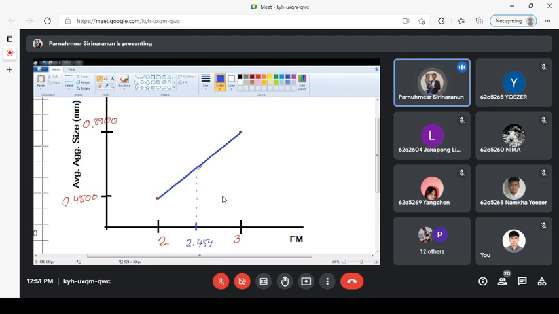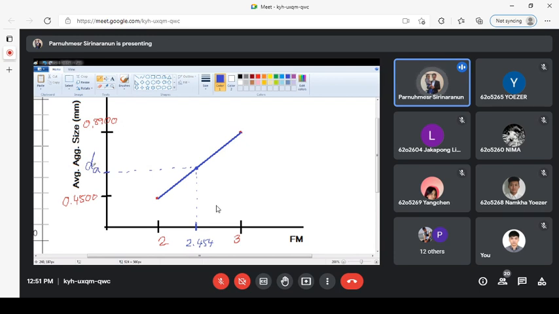When you project to this point on the graph and project to the vertical axis, what you get is the average aggregate size of your aggregates. I will use D as the size, A is aggregate.